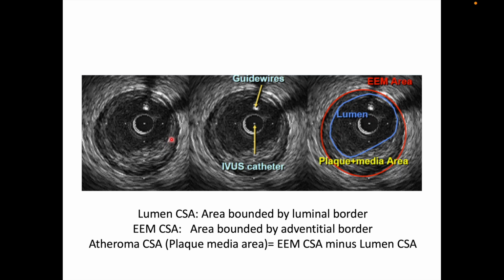And then if we mark this intimal border on the inside, which is now marked here as blue, that is the lumen area. If we mark this black line on the outer side, that's the external elastic membrane area. Inside the lumen, this is the IVUS catheter that is sitting there, and this white shadow is that of the guide wire. And this plaque plus media area is actually the atheroma cross-sectional area.